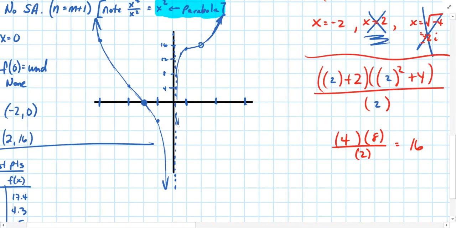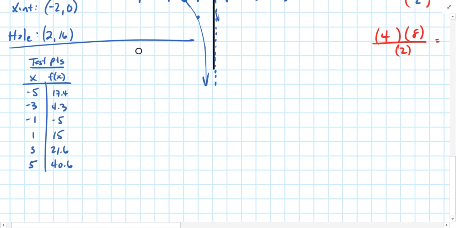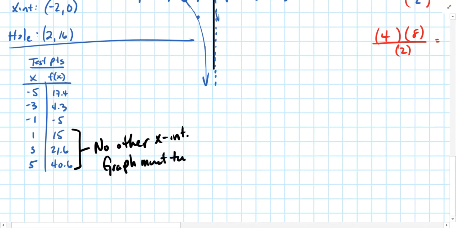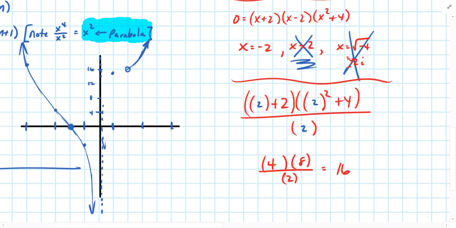But I actually know that that can't happen because there are no additional x-intercepts. And so I might make a note of that right down here. You know, these have to stay positive because there are no other x-intercepts, and then the graph, because of that, has to turn upward. And so we haven't seen anything like this before, but this curve here might give us an idea.